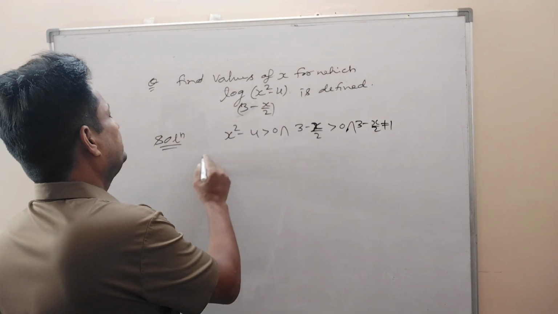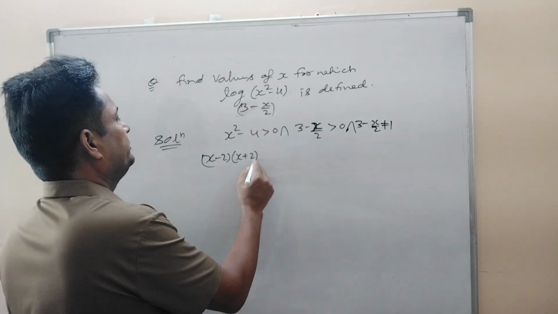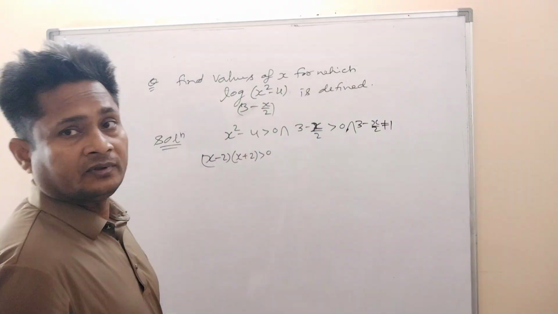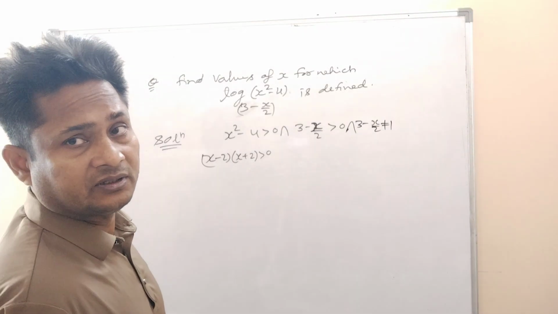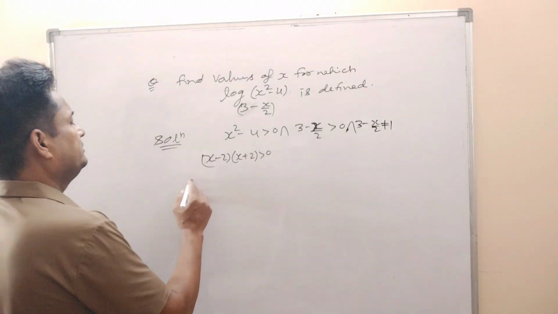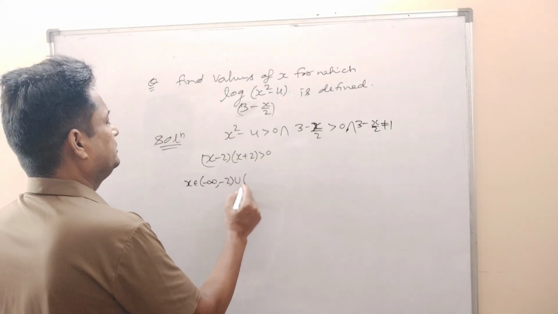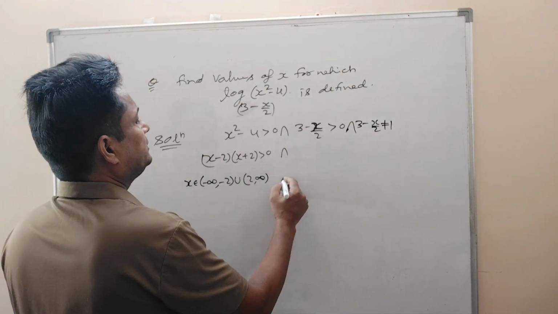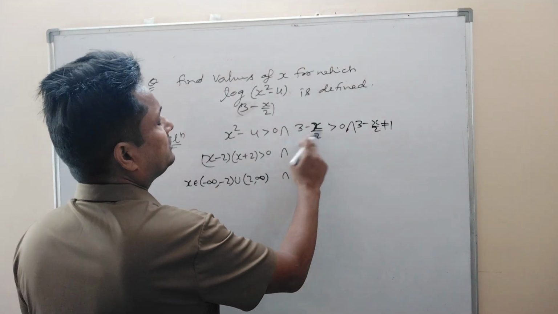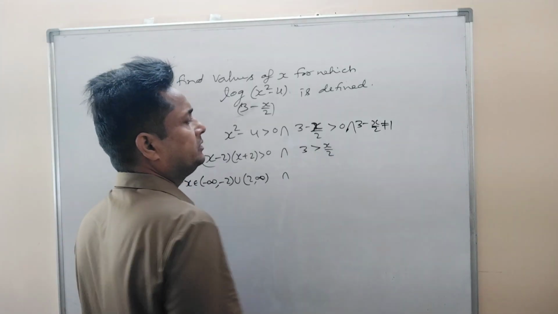So the solution of this one will be x minus 2 into x plus 2 greater than 0. And how will you solve this one? I told you in quadratic inequality already. So the answer of this one will be x belongs to minus infinity to minus 2 union 2 to infinity. Now solve this one. This will be 3 is greater than x by 2.